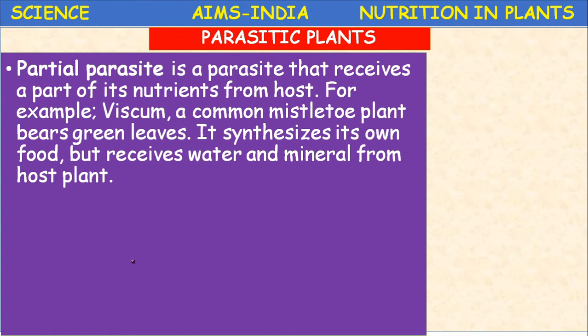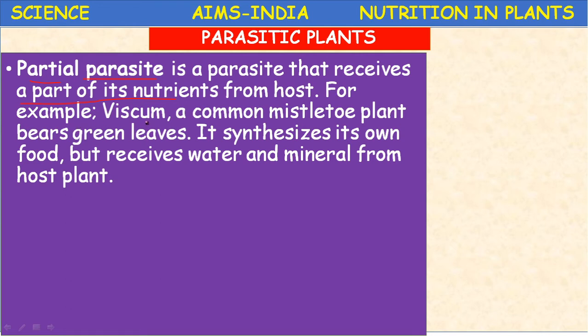Now let us discuss briefly about the partial parasites. The name itself is indicating: partial means partly, total means completely. So a partial parasite receives a part of its nutrients, not total nutrients, from the host.